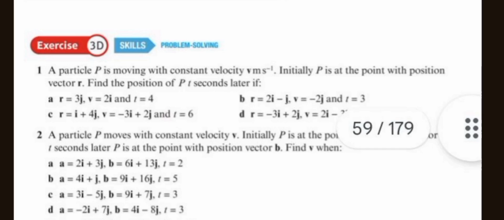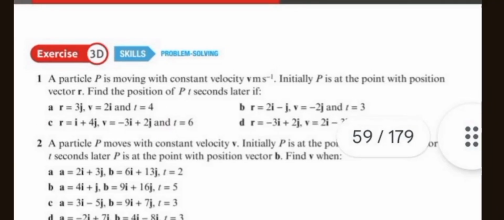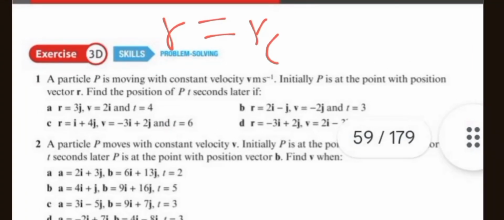We need to know about this formula, that is r equals r naught plus vt. r naught is the initial position and r is the position vector.